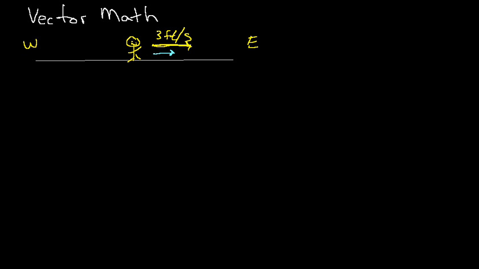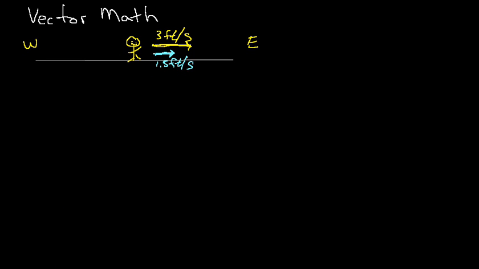Assuming he's going in the same direction, the vector might look like 1.5 feet per second. Notice that the length of the arrow is half the length of the 3 foot per second vector, but it's still showing the same direction.